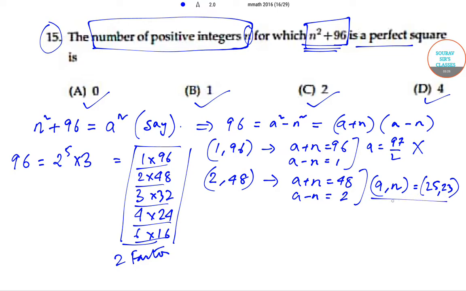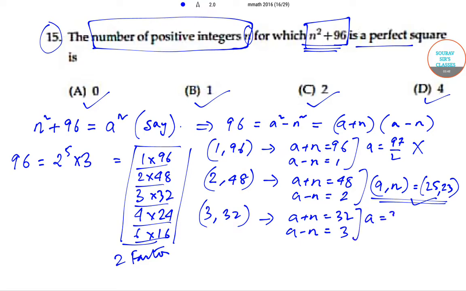Okay, so this is very much possible. Now if we take 3 and 32, and if we take a plus n is equal to 32 and a minus n is equal to 3, then we'll see that a is equal to 35 by 2, which is not possible again. So this is not possible.